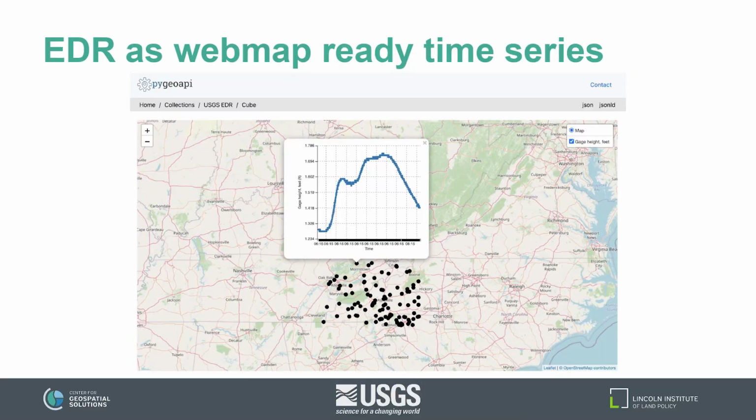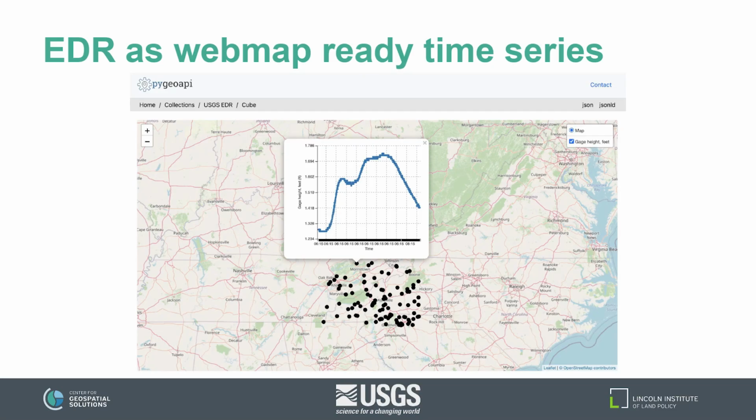Why is EDR something that we like? Because EDR is a web map ready time series. So without needing to know the features of interest or the specific observations being measured, we are able to readily generate a web map of time series without the metadata of where the information was collected, without the metadata of provenance and all of the things that someone that is a data user really might need.